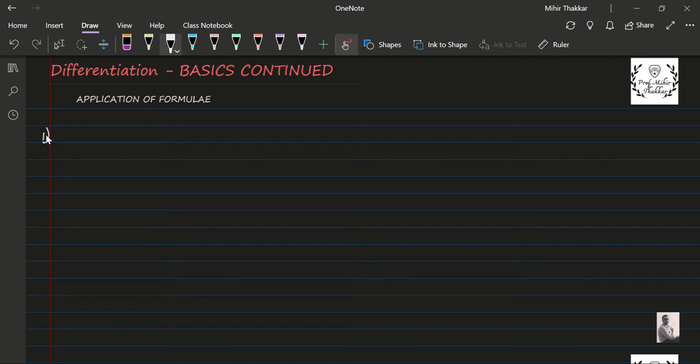First, I'll start with a basic sum, very obviously. Suppose I have y is equal to x raised to 3 minus 5x raised to 7.